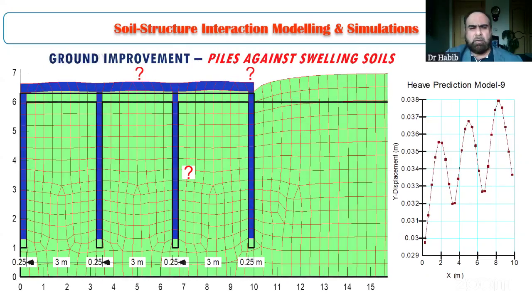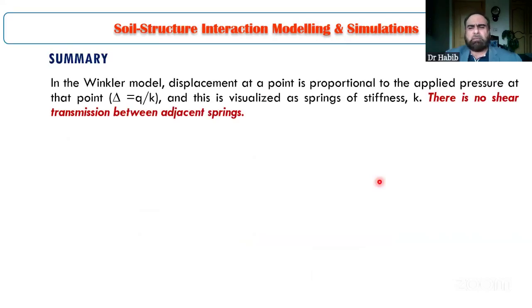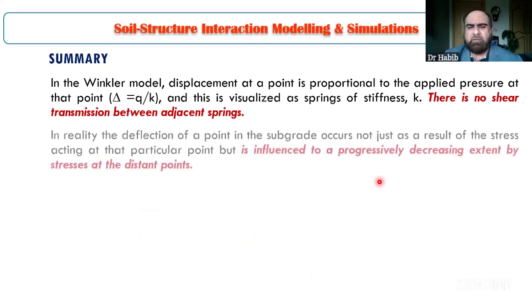I have made a summary, and I will just speak the same thing I have mentioned before. First of all, in the Winkler model, there is no shear transmission between adjacent springs, and there is no stress distribution between the springs.